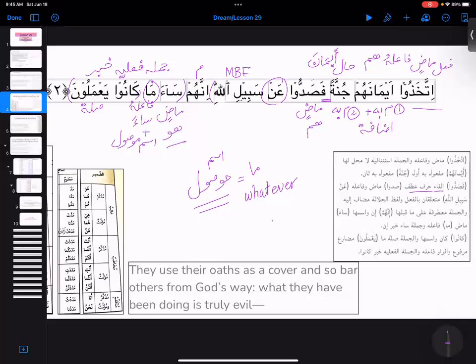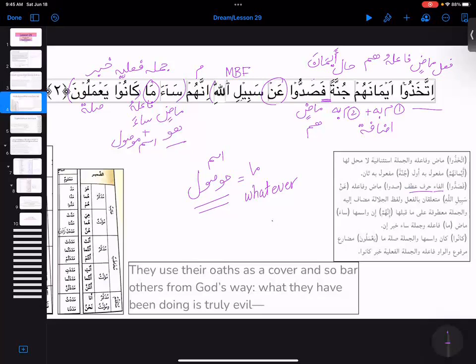And this sa'a, I don't get it. Like, how is ma an outside doer for sa'a? Sa'a is fi'lun madin fa'iluhu huwa. When it is huwa, can we look for an outside doer? Yes. So this ma kanu ya'malun, what they used to do. How terrible it is, what they used to do.